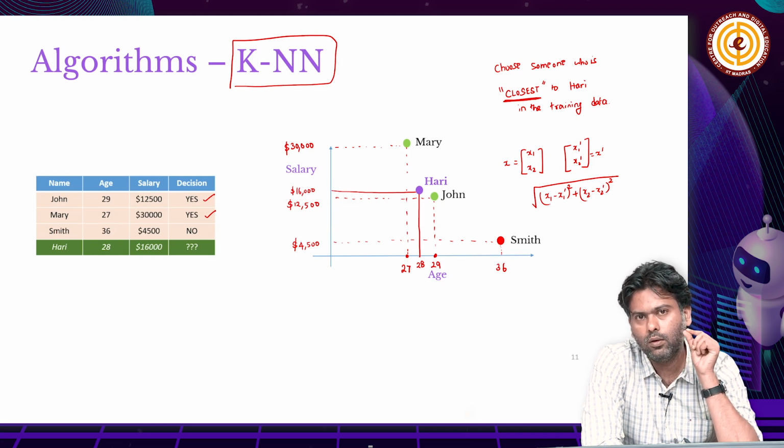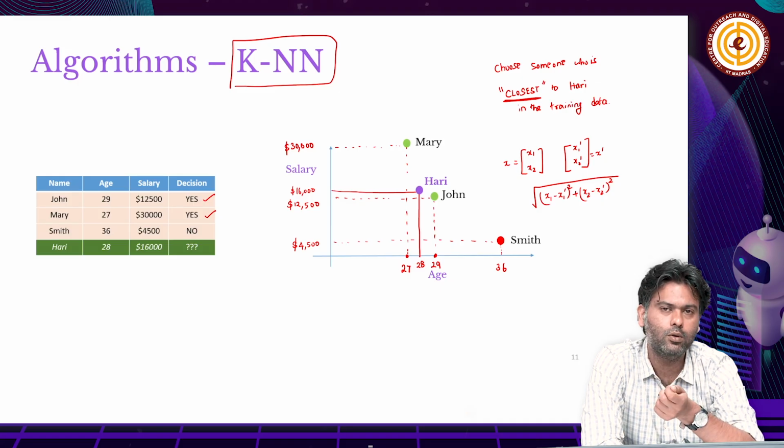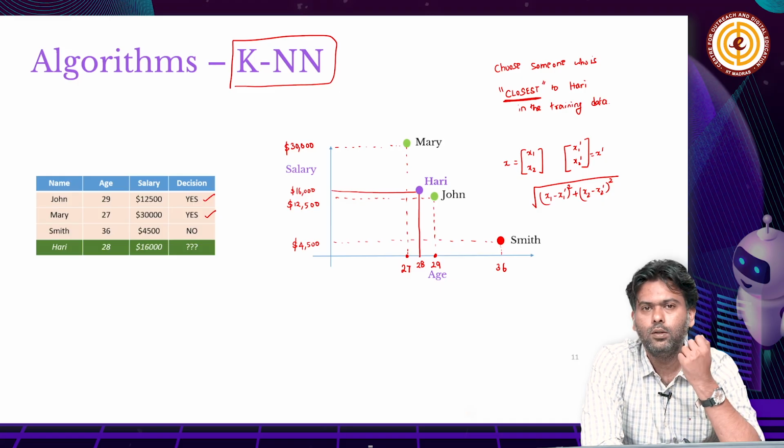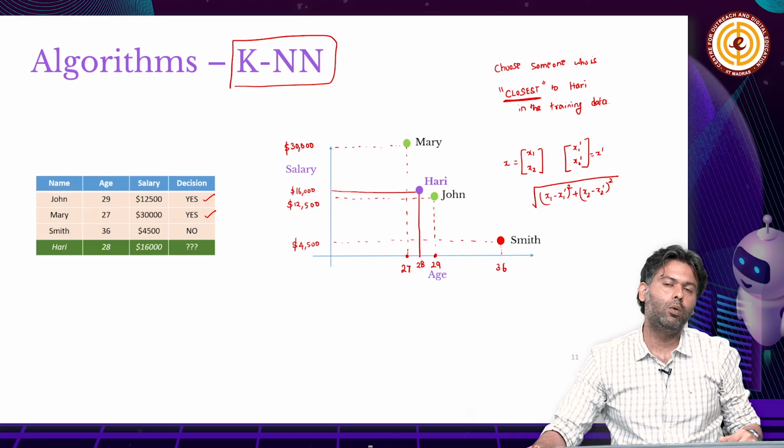And the moment you have figured out that John is the closest guy to Hari, you ask the question, did John pay back the loan or not? In this case, it happens that John did pay the loan back. So you can assume that Hari will also pay the loan back.